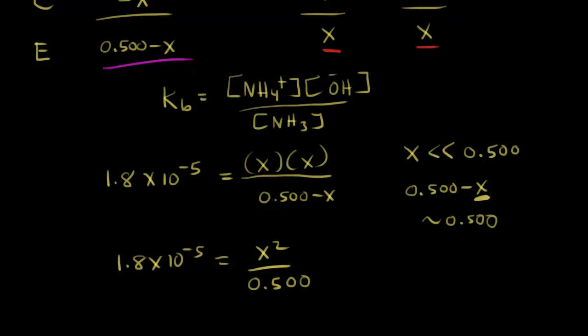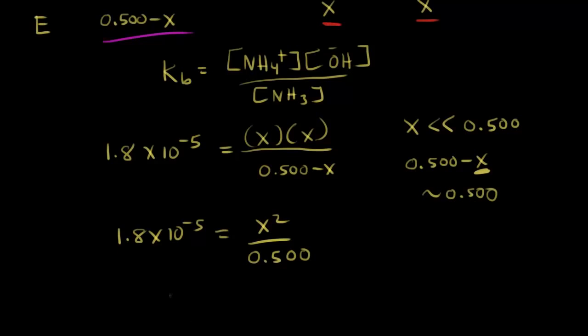So all we have to do now is solve for X. And so we would have X squared is equal to 1.8 times 10 to the negative 5. We have to multiply that by 0.5, and we would get 9.0 times 10 to the negative 6.